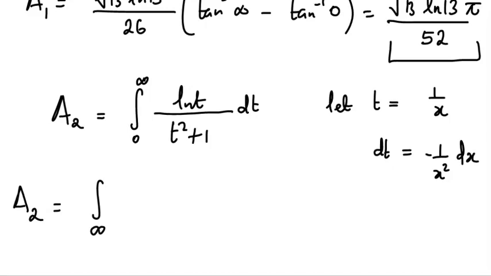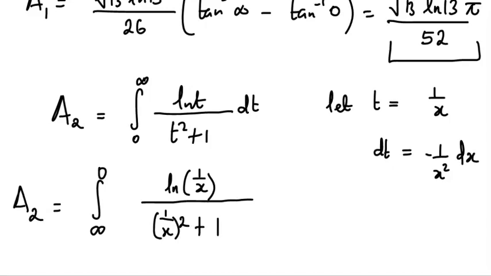If t is approaching infinity, x is approaching 1 over infinity, which tends to 0. And here we have the natural log of t, which is 1 over x, then divided by t squared, which is 1 over x squared, plus 1, and then multiply by negative 1 by x squared, and then dx.